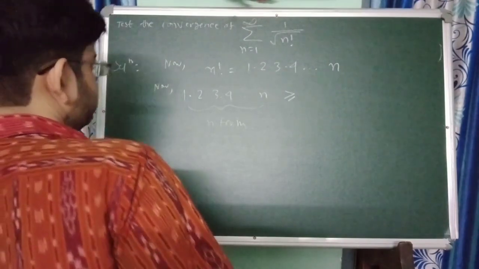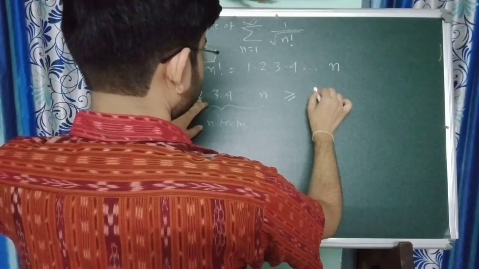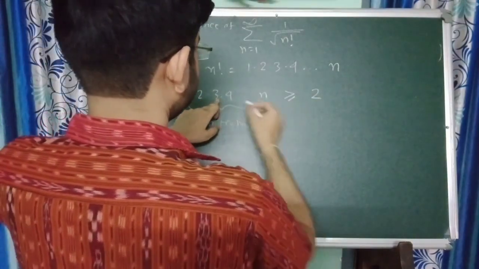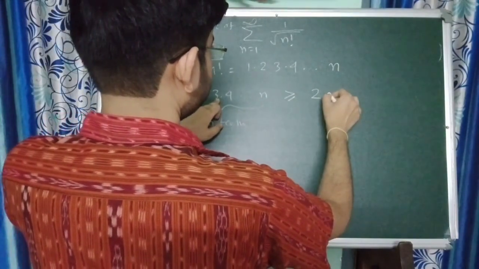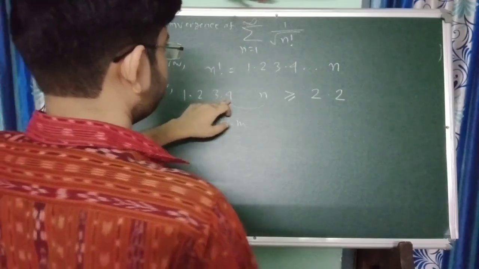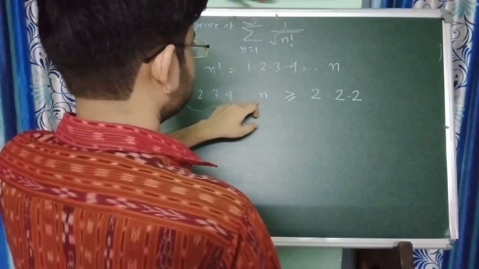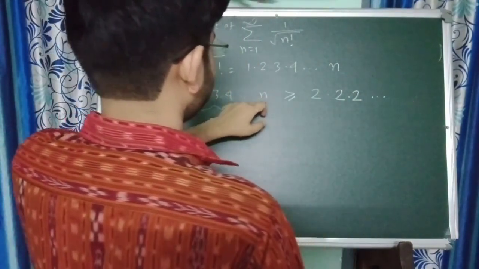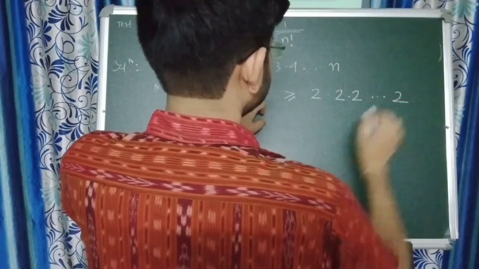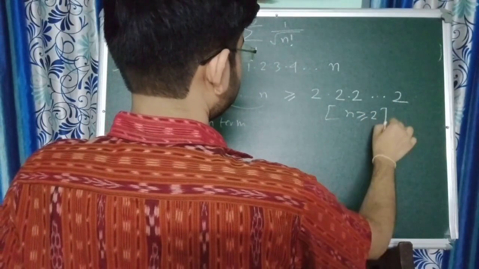Now we change the terms. 2 is greater than or equal to 2, which is correct. Now 3 is greater than 2, so we replace 3 by 2, and 4 is also greater than 2 and so on. n is also greater than or equal to 2.